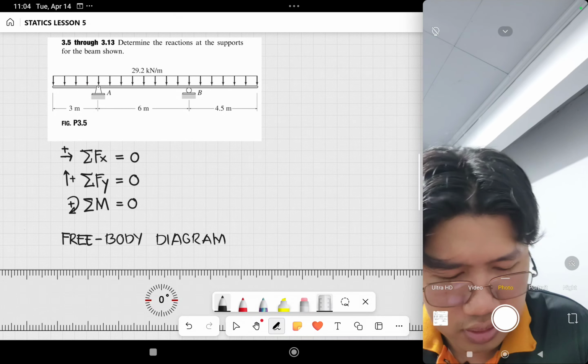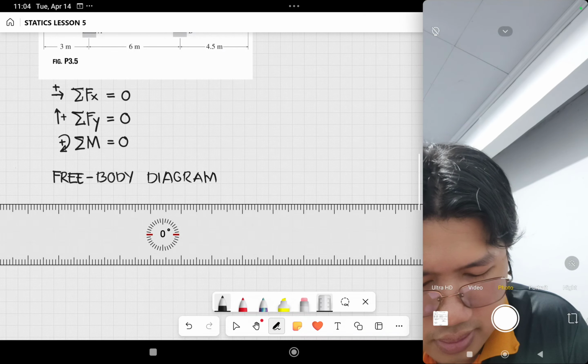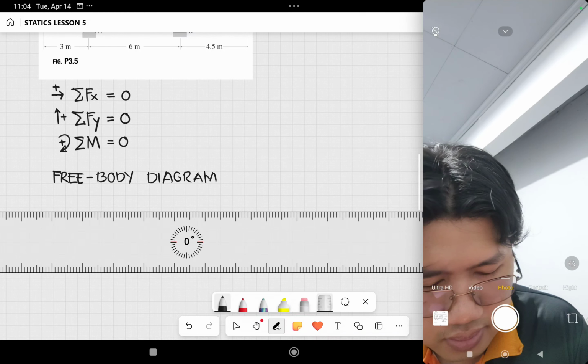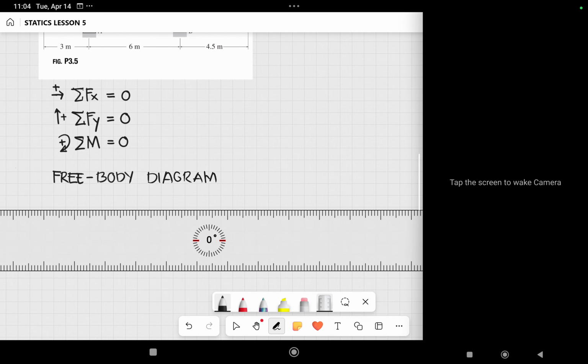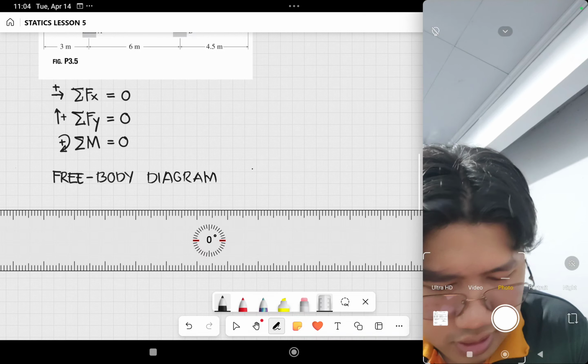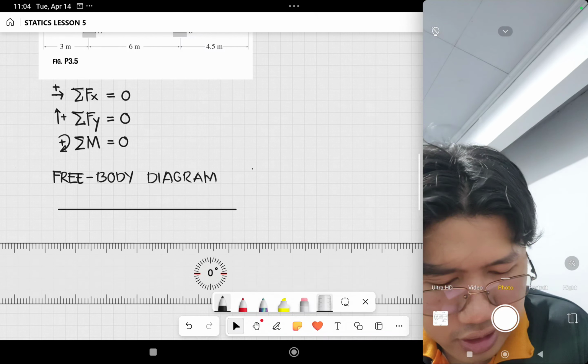Ayan. Drawing lang ako ng, sorry, nahihirapan. Ayan. Okay, so free body diagram, ito.